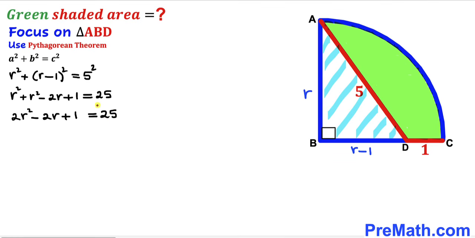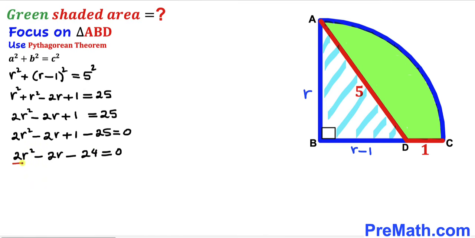Now I am going to move this 25 to the other side. So we can write 2 times r square minus 2 times r plus 1 minus 25 equal to 0. Let's simplify further. We get 2r square minus 2r minus 24 equal to 0.